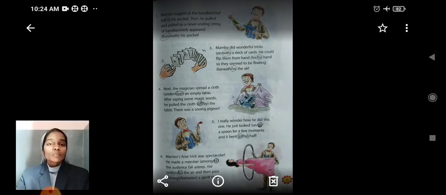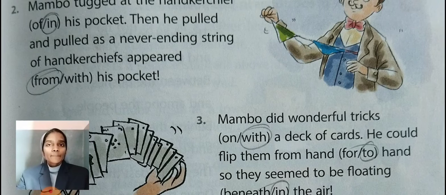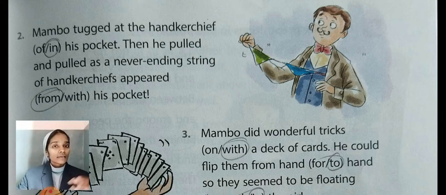Now we'll move to the next page, page number 65. Second one: Mambu tugged at the handkerchief in his pocket. Tugged means pulled. Which is the correct preposition? In his pocket. Then he pulled and pulled, and a never-ending string of handkerchiefs appeared from his pocket.